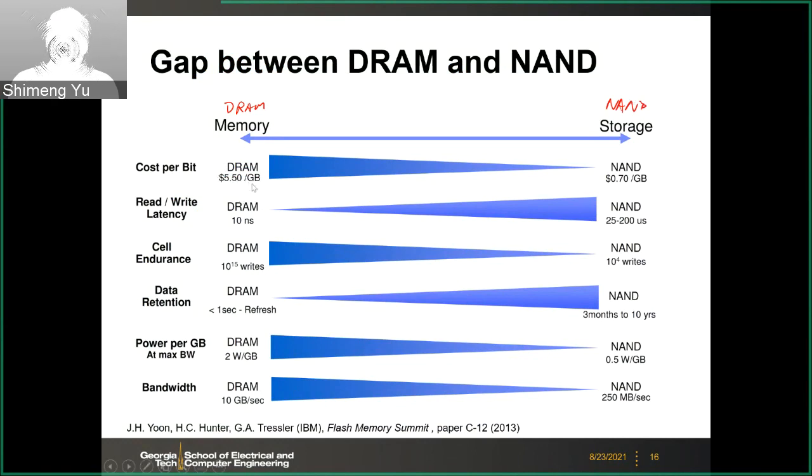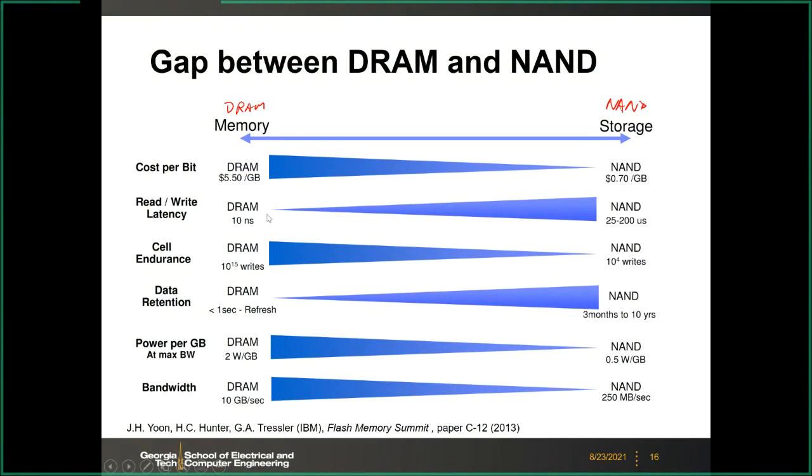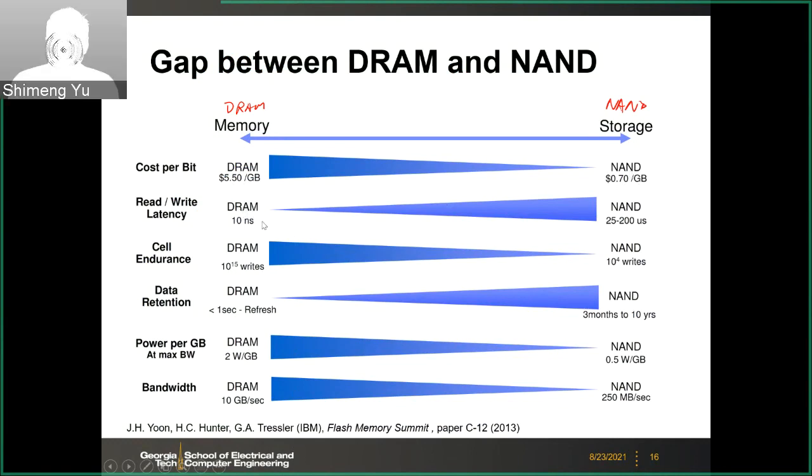If you normalize the cost per gigabyte, DRAM needs about $5.5, while NAND is really cheap, like 70 cents per gigabyte. But latency-wise, DRAM is tens of nanoseconds, while NAND is tens to hundreds of microseconds. So you have about 1,000x difference in speed.